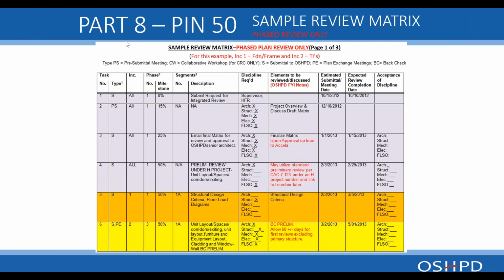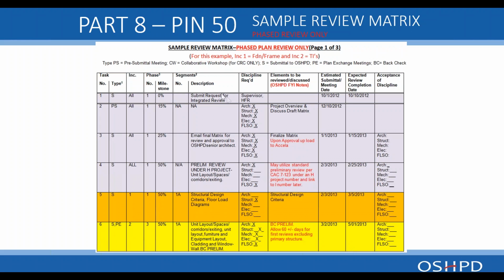Going through this a little bit, you can see the definitions of the type of task that we may be using. Task 1 is a submittal to OSHPD, phase 1, 0%, where they're submitting their request for integrated review.